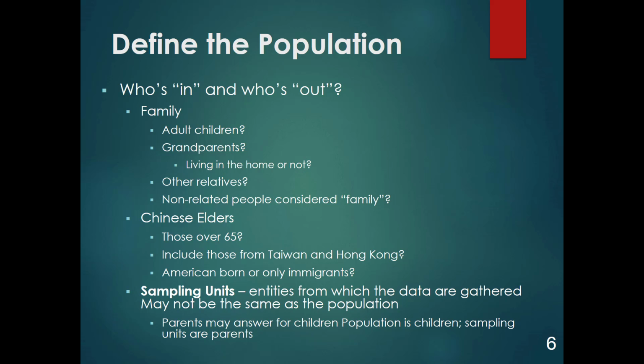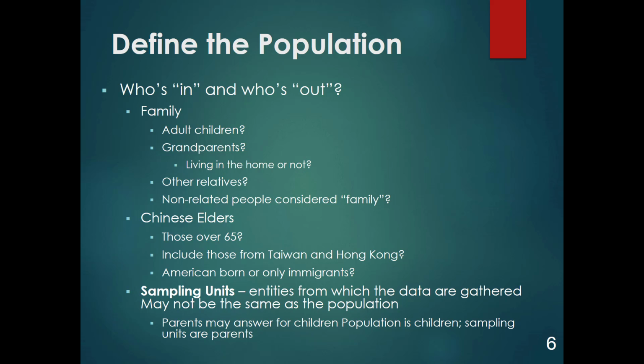For example, how do you define family? Family can have so many different definitions, right? It can be simply parents and their dependent children. What about adult children still living at home? What about extended family members living in the same household? That will depend on the researcher and how they define family.